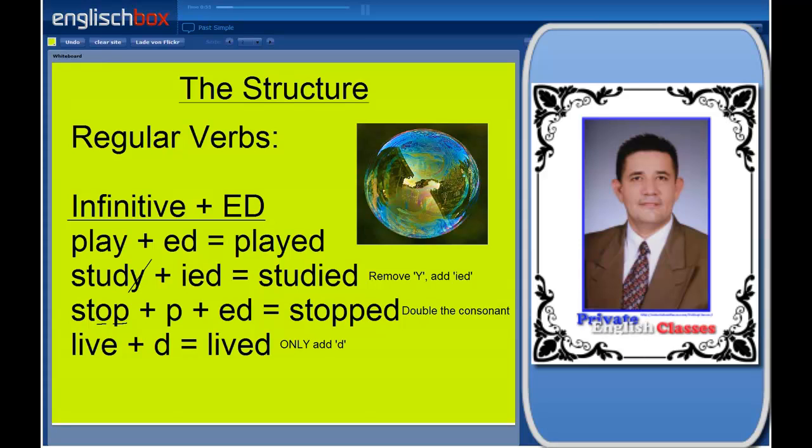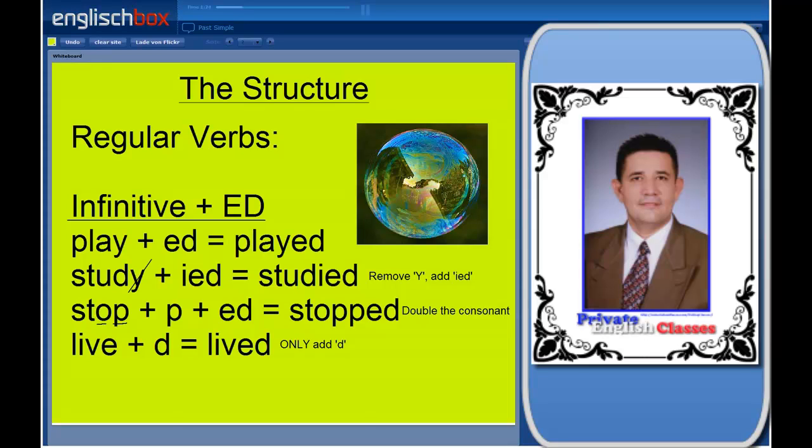For example, with the verb play, you add ed to the end of the verb and it becomes played. However, there are some difficulties or differences concerning the spelling of the word. For example, if the word ends in consonant Y, such as the verb study, you have to remove or take away the Y and add IED.